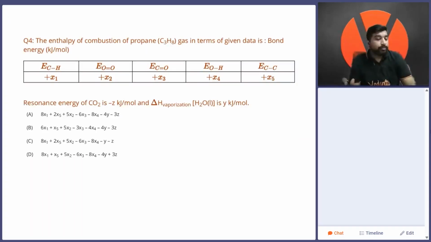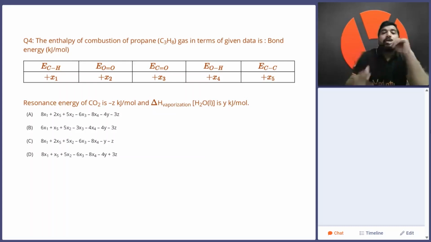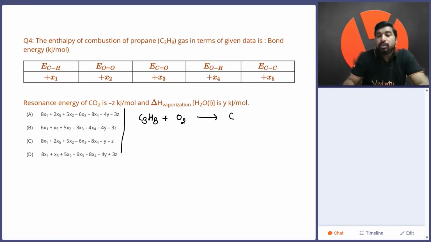If we talk about this question, the enthalpy of combustion of propane is given, and the data given is in terms of bond energy. So we know that if C3H8 reacts with oxygen, it will give CO2 gas plus H2O liquid.